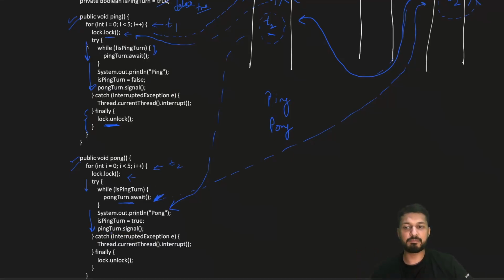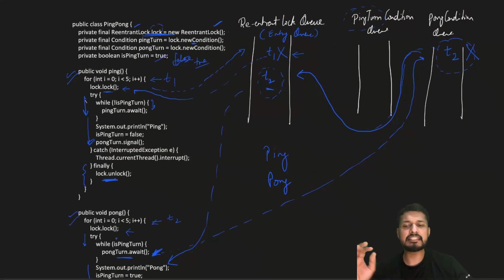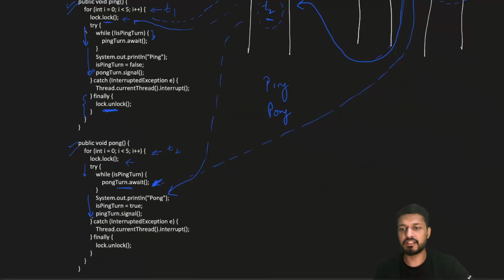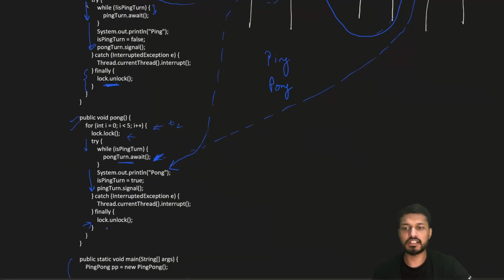When T2 does pingTurn.signal, is there any thread waiting inside the ping turn condition queue? There is no thread waiting inside the ping turn condition queue, correct? So there will be no action taken. That event will be triggered, but since there is no thread waiting inside the ping turn condition queue, nothing will happen, right? Then it will go ahead and do lock.unlock, right?